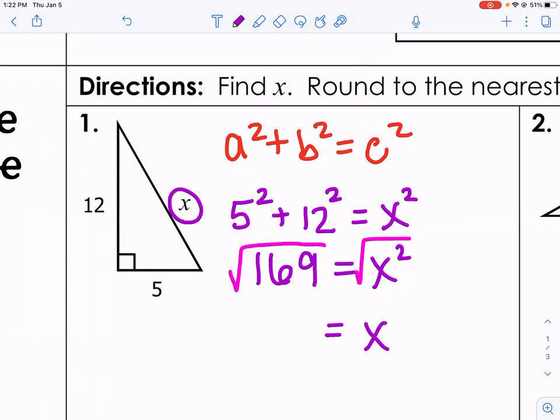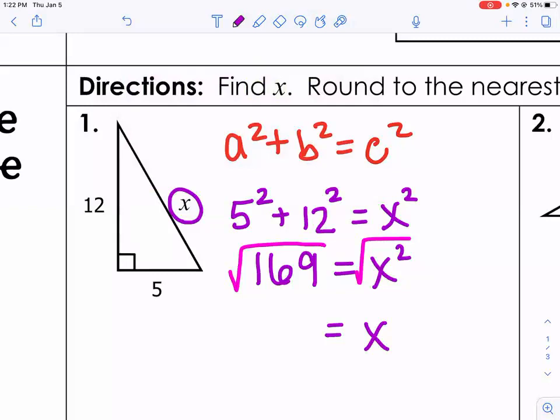The square root is the same button, but you have to press the second. And then, do you see this little square root symbol right here? So second, and then this button. Press this button, and then press this button, and you should get the square root. Did you push in 169?